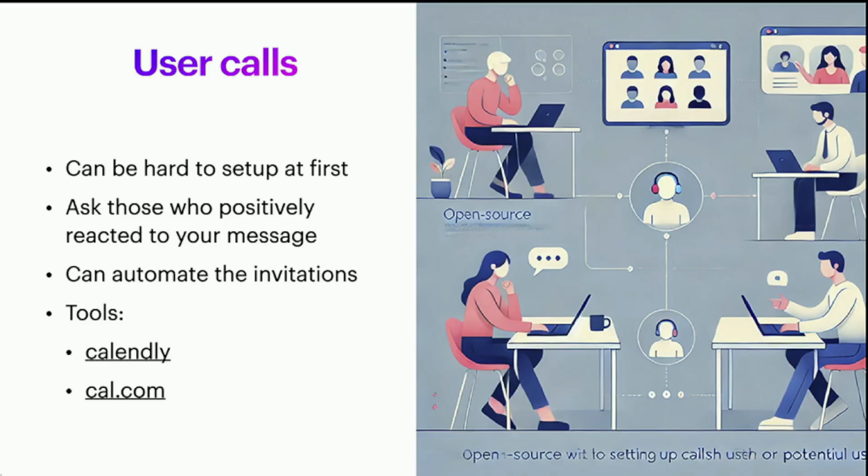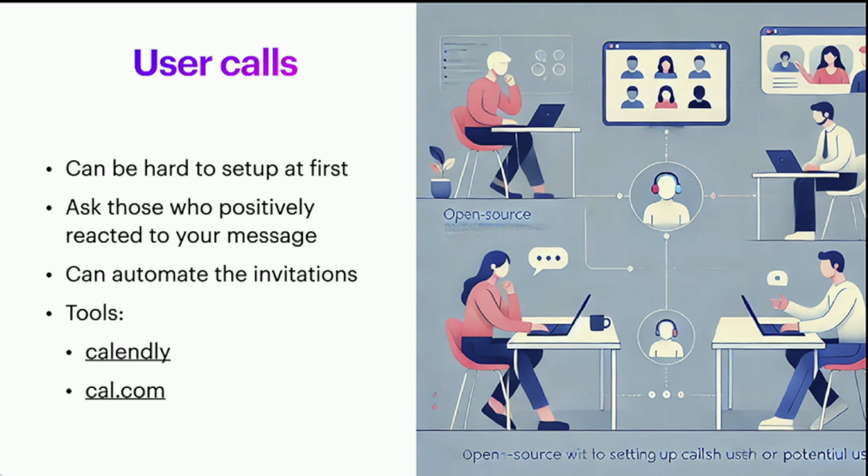At the start, setting up calls may be a little bit strange, and maybe you won't get many responses, but people who like your tool will definitely speak to you. That's one of the best signs that people use it and want to speak to you about it. There are some tools to automate it. You can use the ones I mentioned for marketing, and there are also tools to automate setting up calls with people.